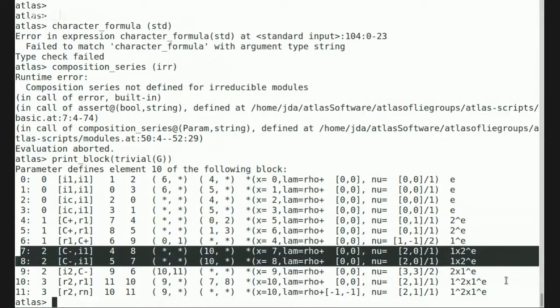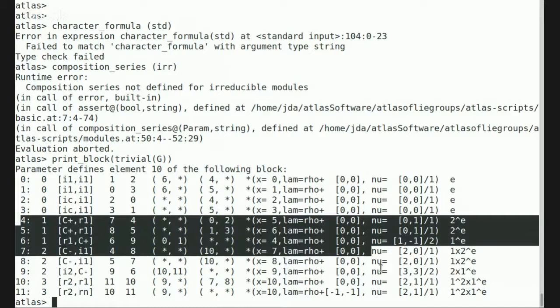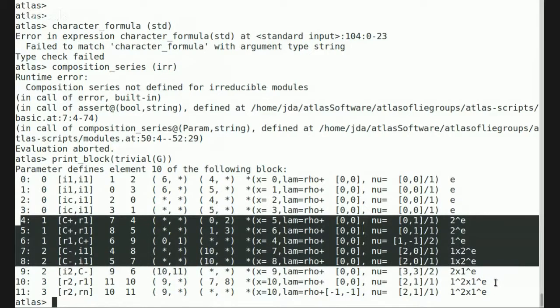And I believe there should be one more. 7, 8, 4, and 5 are on the same Cartan, I believe. Yep. So I'll just do it this way: 4, 5, 7, and 8, but not 6.